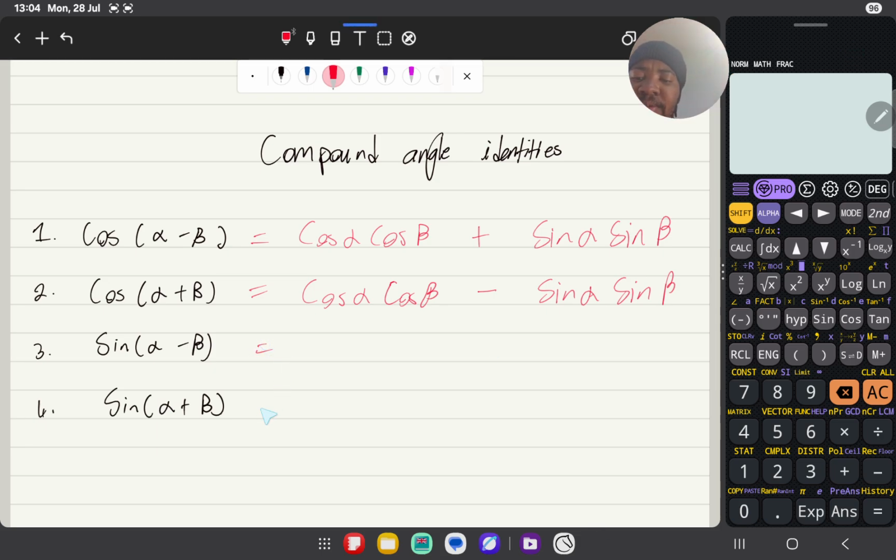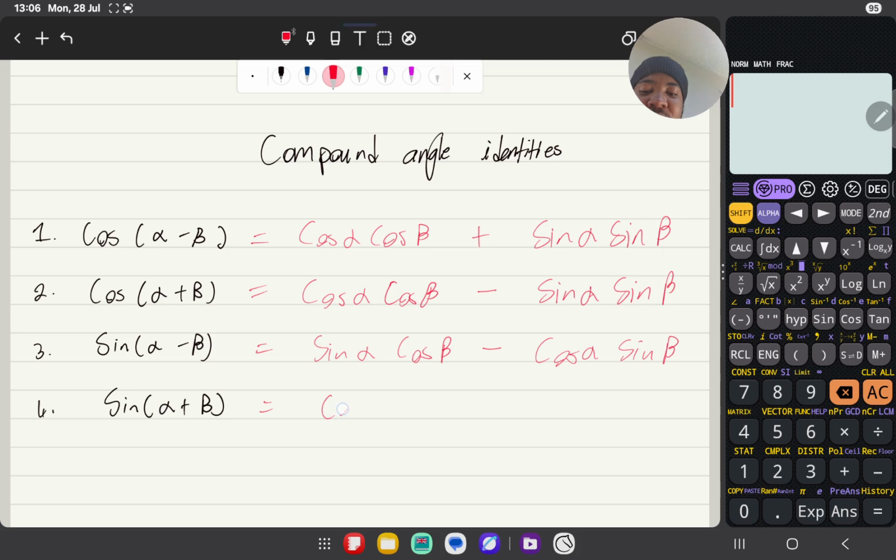And then for sine, you have sine alpha cos beta, and for the signs, they stay the same. It's a minus this side, so we're going to have a minus this side. Now it was sine alpha, now it's going to be cos alpha sine beta.